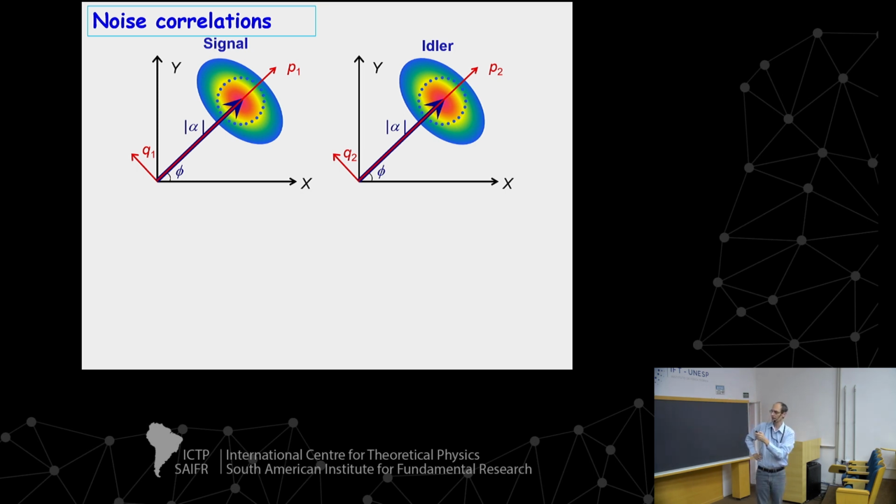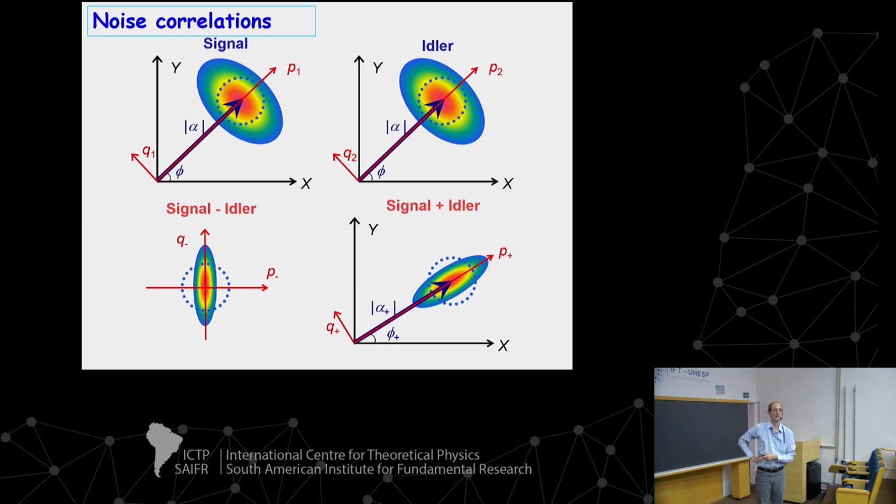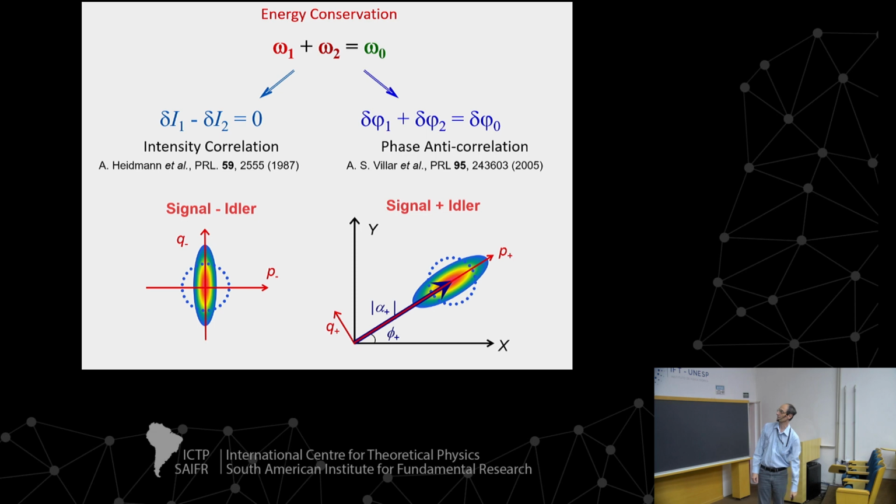And when you combine it, for the difference between signal and idler, you can see correlations in intensity. When you look at the sum, you see correlation in the phase. Where does that come from? Energy conservation. Intensity is related to photon number. If I produce photons in pairs, I can have fluctuations in photons, but they will be correlated.